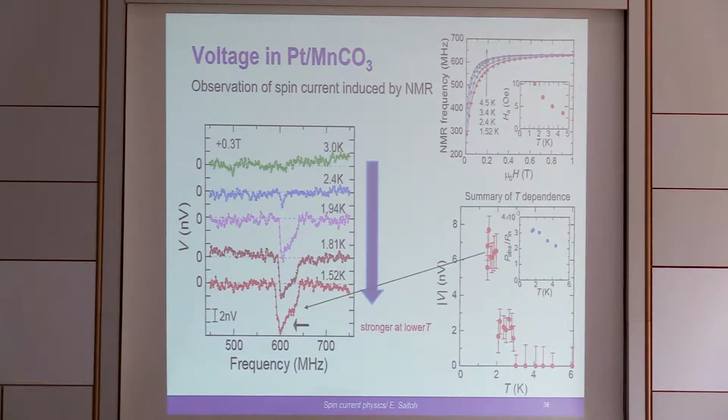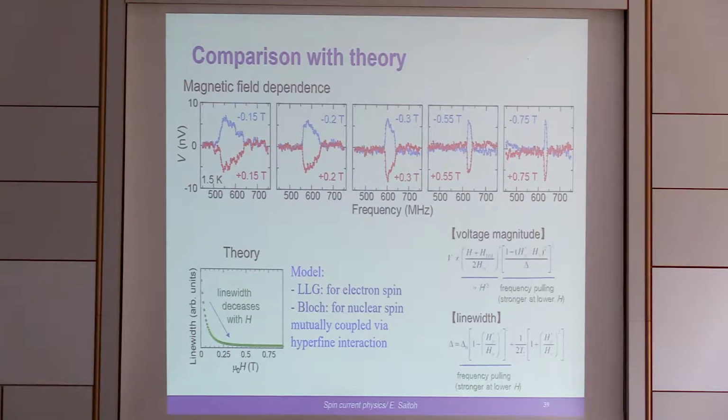Okay. So this is the magnetic field dependence. By reversing the magnetic field, the sign of the voltage is reversed like this. Which shows that this voltage peak is due to the spin current. In fact, this voltage peak is consistent with the nuclear spin wave spin pumping, because the temperature dependence of this peak is consistent with the calculation for the nuclear spin pumping.